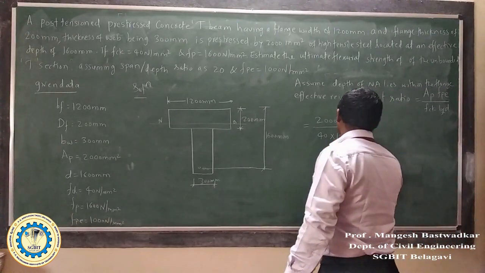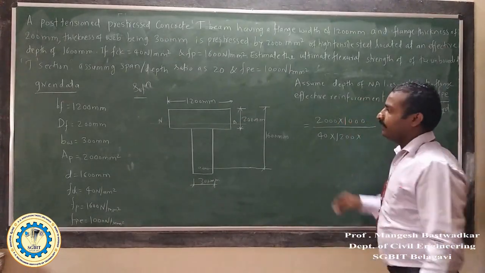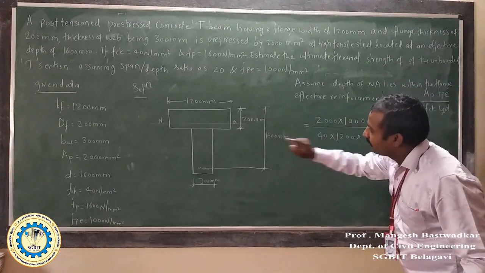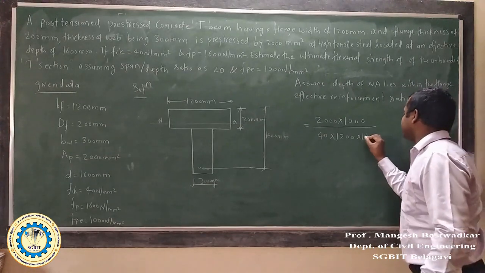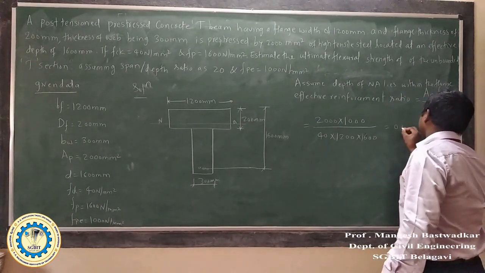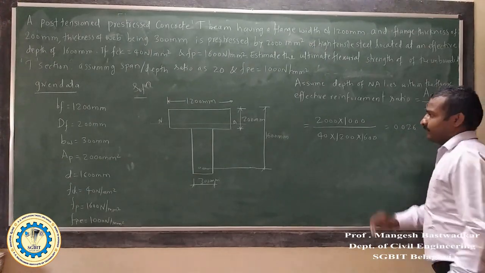So width of the flange is 1200 mm. Then effective depth of the reinforcement is given 1600. So here we'll get 0.026.